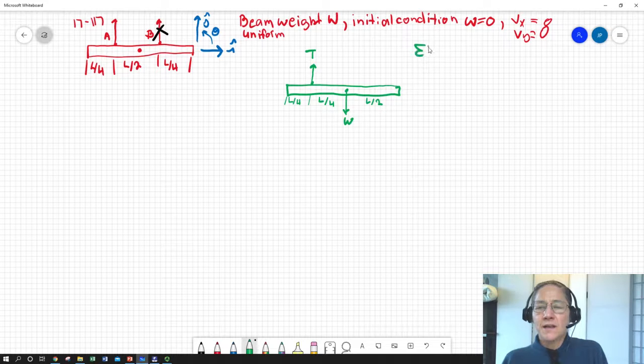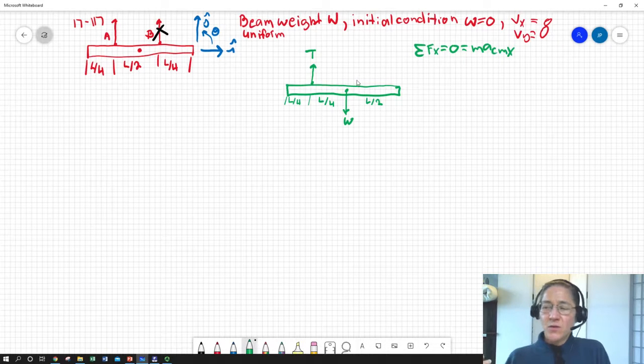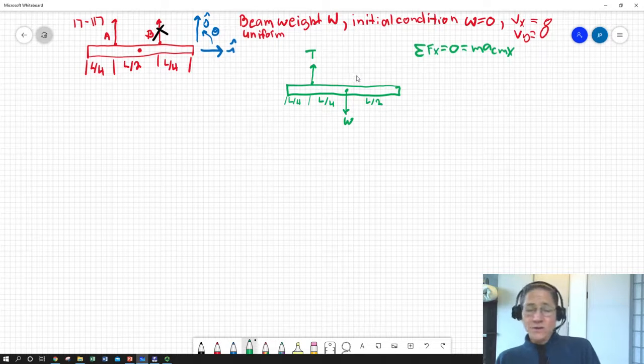So we can say the sum of the forces in the x, there are no forces being exerted at this point, equals 0, so a_CMx is 0. At this point, the center of mass of the beam has no reason to be accelerating in the x direction.